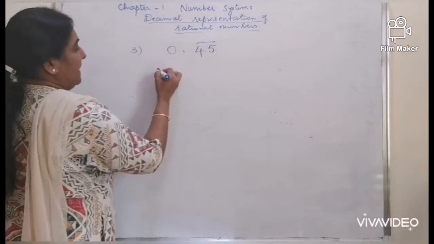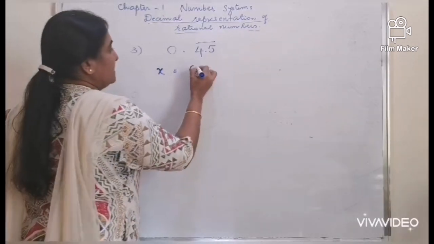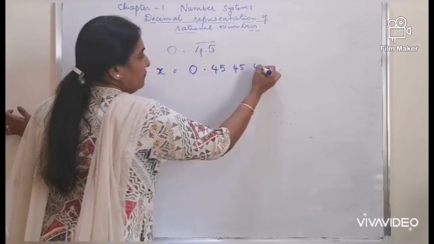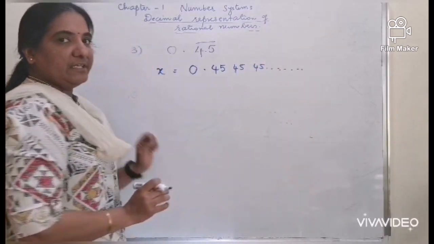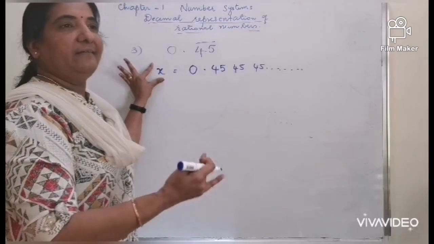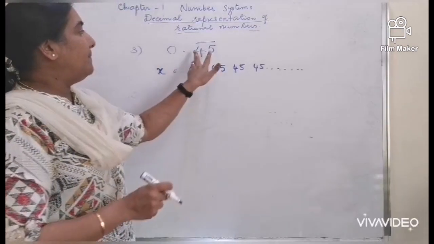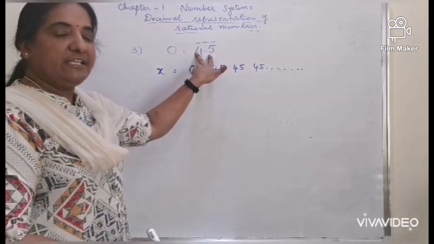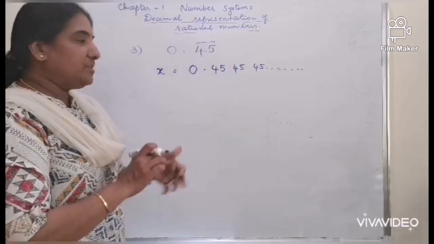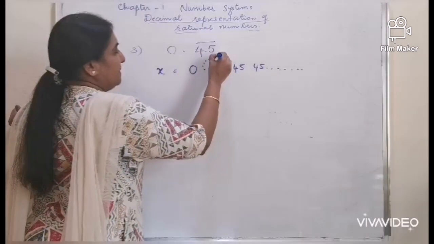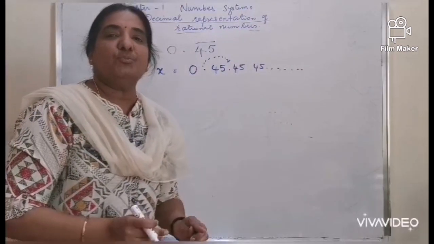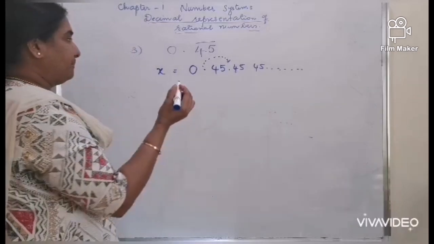Arrange it as x is equal to 0.45, 45, 45, etc. The multiplication of x with 10 or 100 or 1000 will depend upon the number of digits under the recurring symbol. Here there are 2 digits, so the multiplication should be done with 100 so that the decimal point shifts 2 places to the right.